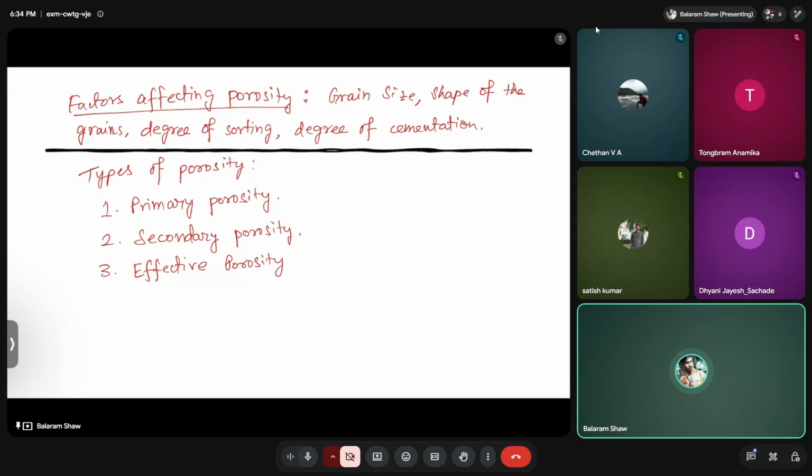Primary porosity is the original porosity of the rock when it was formed, at the beginning of the rock formation. We call that primary porosity. So, porosity at the time of rock formation.